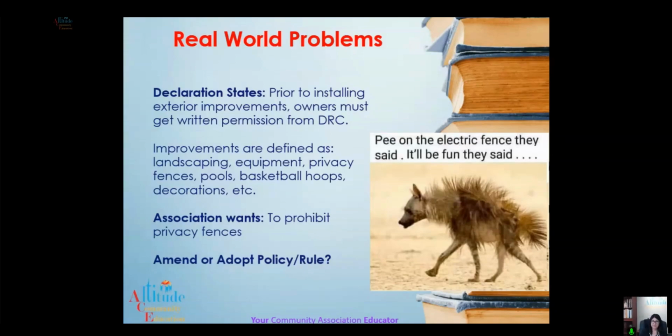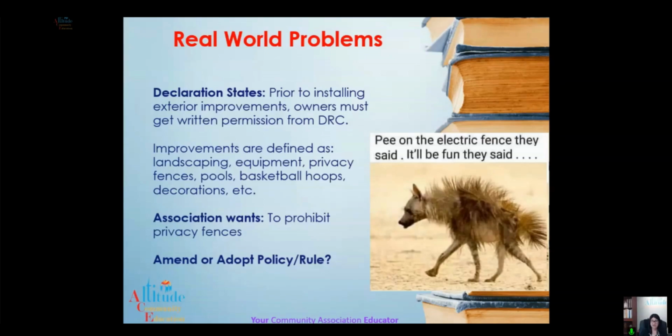Okay, so you are correct if you're thinking, well, there's nothing here that says owners are entitled to install privacy fences. It doesn't quite say that, but it does. Because if you break it down, homeowners can install improvements, which includes a privacy fence, if they get written permission from the DRC.